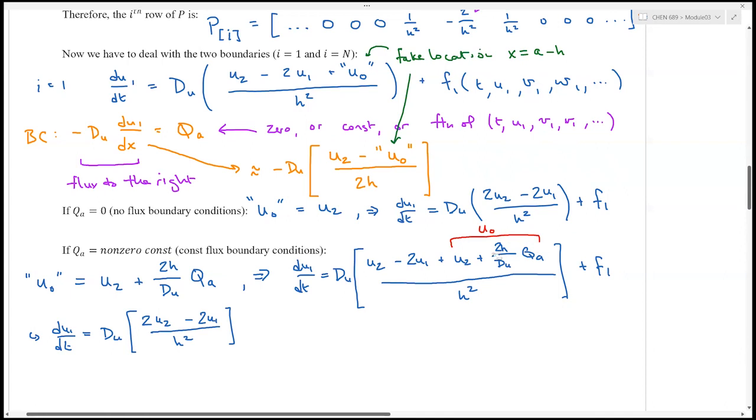But now this extra term here with a qa in it, I'm going to pull outside of the square brackets. So then what you get outside of the square brackets is a plus 2 qa over h plus f1.